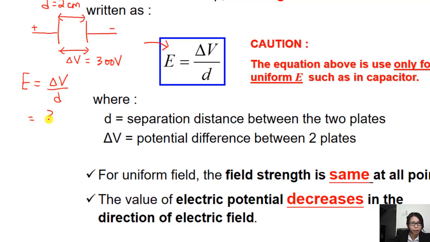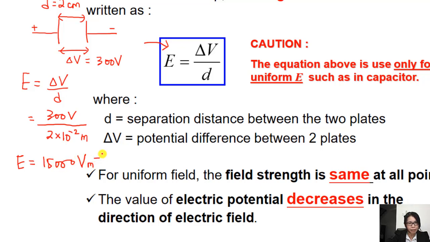So I have 300 volt divided by the separation, 2 centimeter changed to meter, 2 times 10 to the negative 2 meter. So the electric field strength for these two parallel plates will be 15,000 volt per meter, V m^-1.